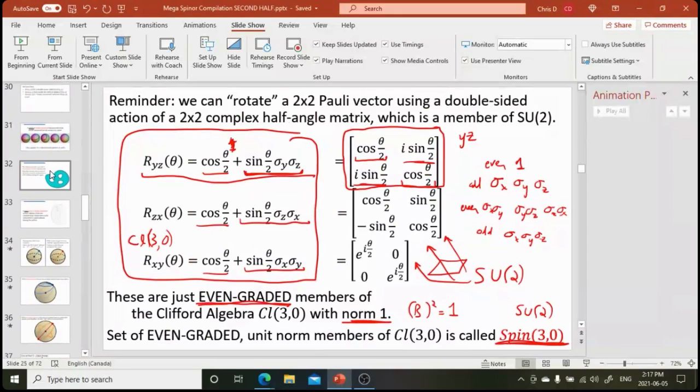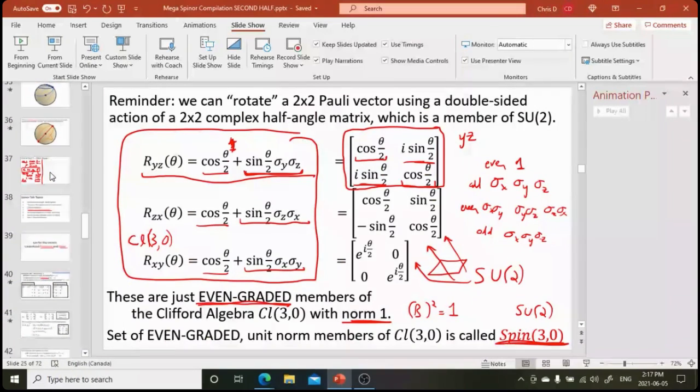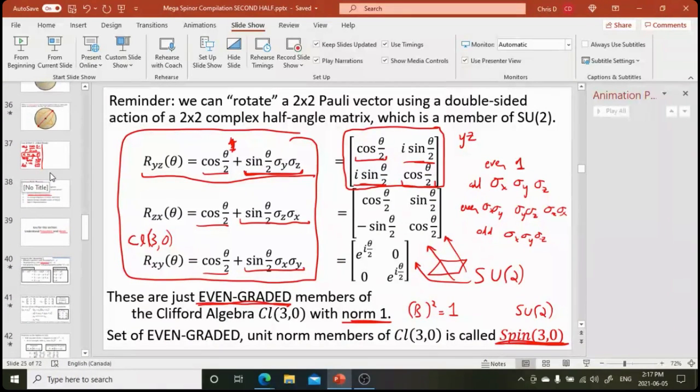You can notice that when you multiply even graded members by even graded members, the parity will be conserved. So spinors could be identified, and actually it's proved that they are just even graded members of the Clifford algebra, not enormous ones.